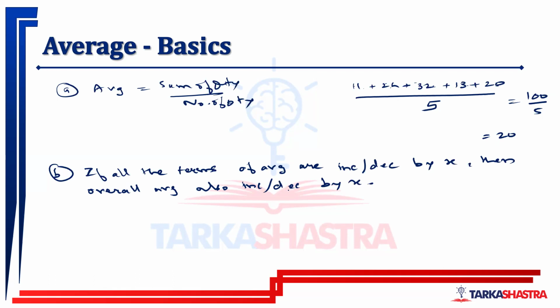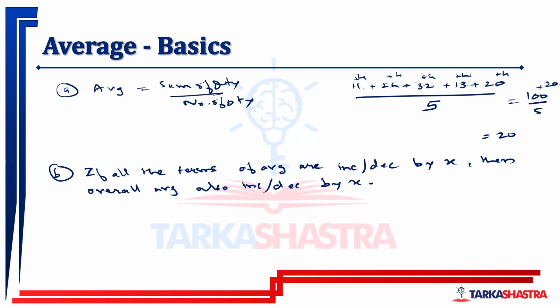So what I'm saying is, in the previous example, if I increase each value by 4, the overall total will increase by 20.